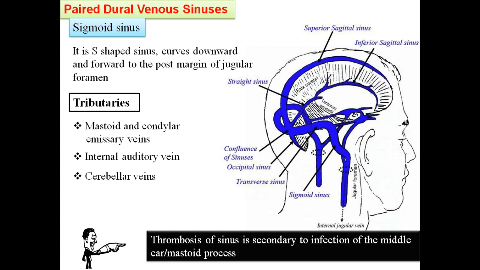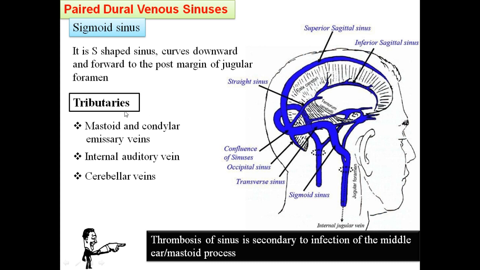It lies in the mastoid part of the petrous bone, and it terminates through the jugular foramen into the internal jugular vein. You can see the internal jugular vein, and the sigmoid sinus and transverse sinus are collectively called the lateral sinus by clinicians.